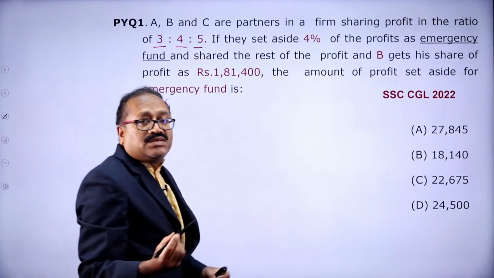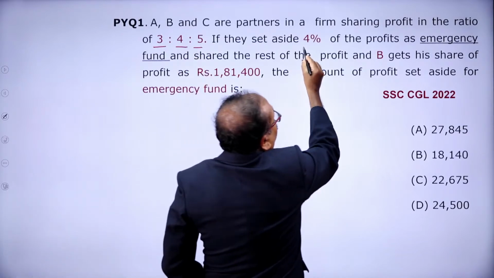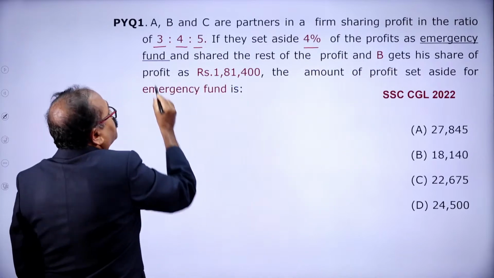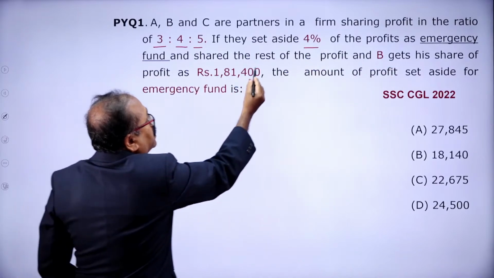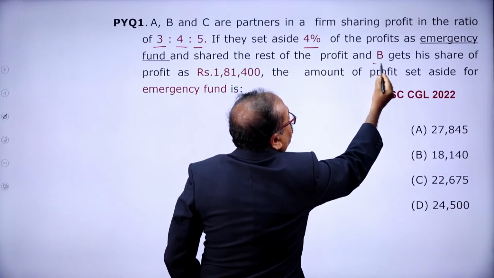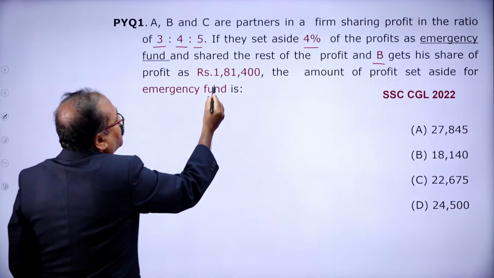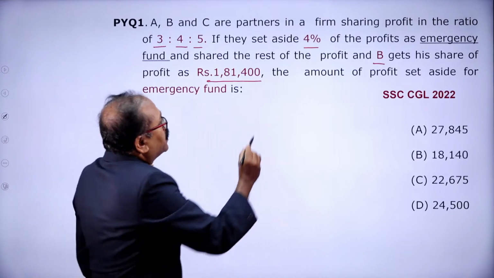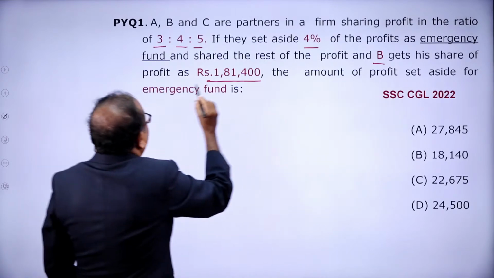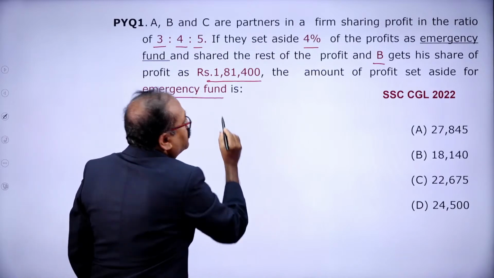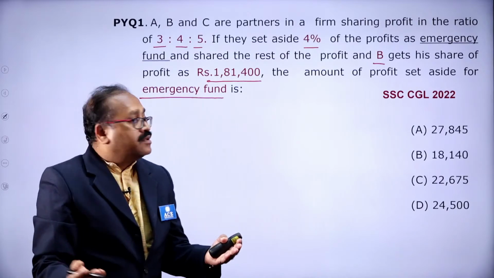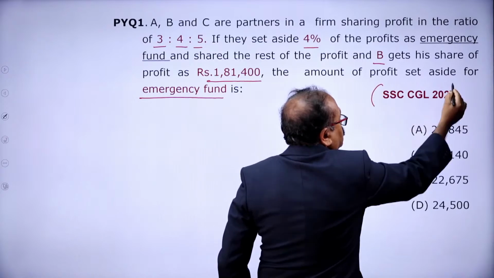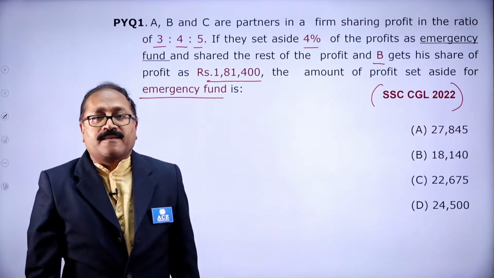If they set aside 4% of the profit for the emergency fund and share the rest of the profit, and B gets his share of profit of 1,81,400, the amount of profit set aside for emergency fund is what? That is the SSC CGL 2022 question.